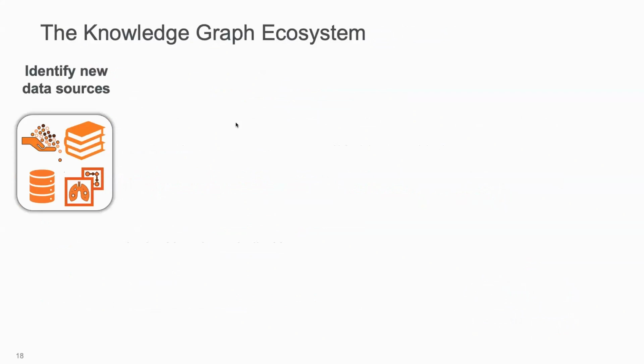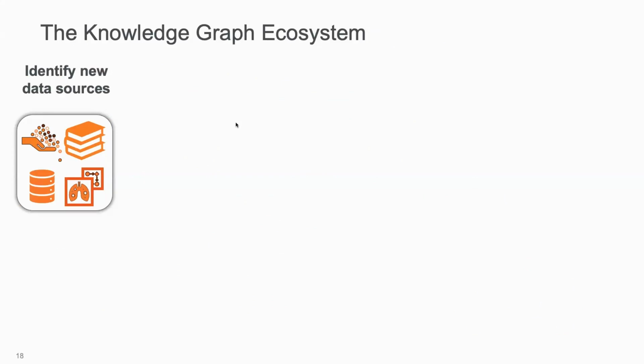When a new knowledge graph is created, the first step is obviously to identify new sources of knowledge. This can be knowledge that is stored in a human readable, unstructured form, in clinical guidelines, medical textbooks, scientific publications, and so forth, but also in structured form like in databases.